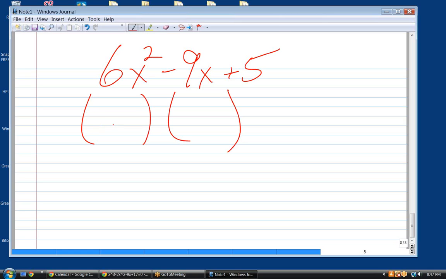Should I start with 3x, 2x? Signs? Minus minus. Possible solutions. 5 and 1. Does that work?